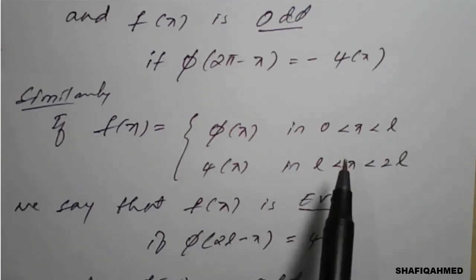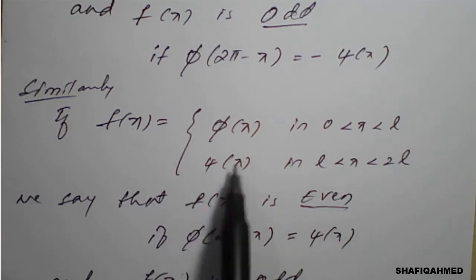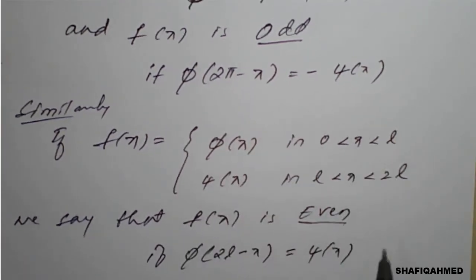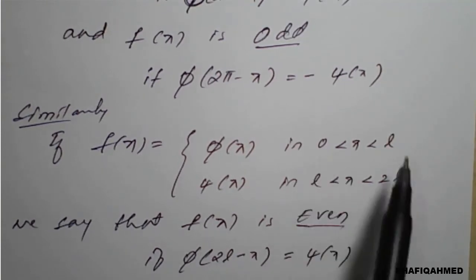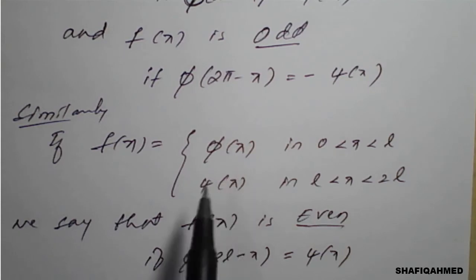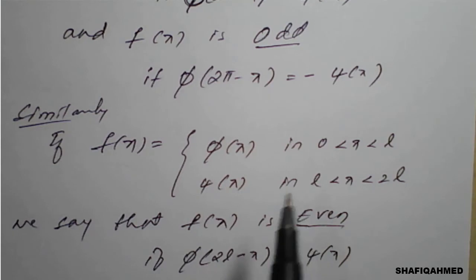But in case the interval is minus L to plus L, at that time x will be replaced by minus x, in both cases, for minus pi to plus pi and for minus L to plus L. If it turns to plus psi of x, it will be even, and if it is minus psi of x it will be odd, and if it is neither case, then we call it a general function.